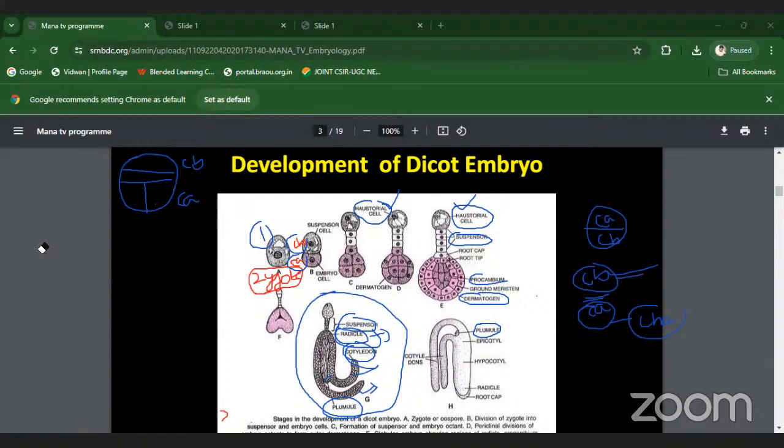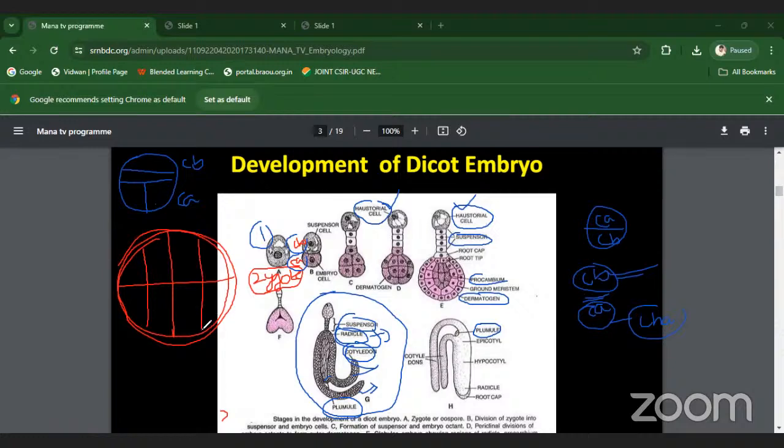Just wait. I'm drawing only CA. Don't get confused. Only CA. Formation of the octant.